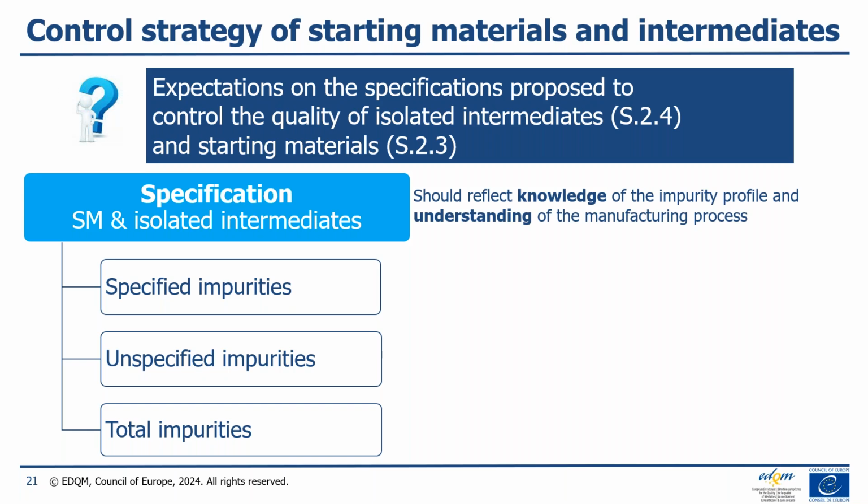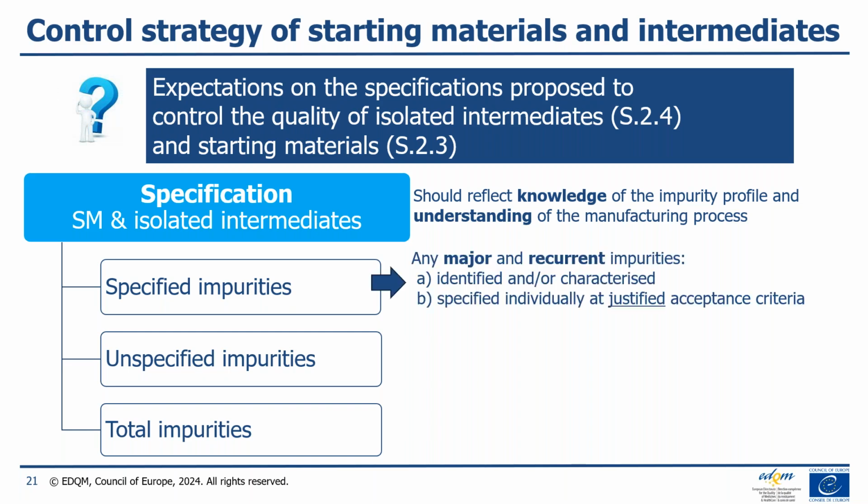So we want the specification to reflect the knowledge you have on the impurity profile, and that it shows us that you have understanding of your manufacturing process, on how it works, on how it purges the impurities. And this should be, of course, reflected by setting as specified impurities, with appropriate limits, major and recurrent impurities.